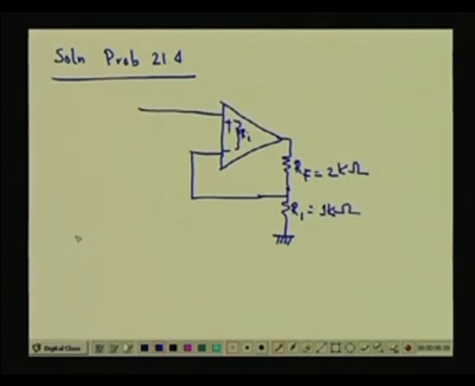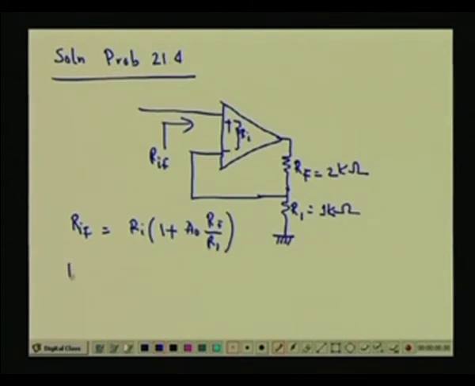Now obviously I can write, looking from this terminal, RIF equal to Ri times 1 plus A naught Rf by R1.